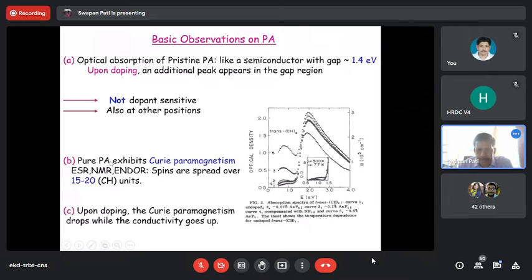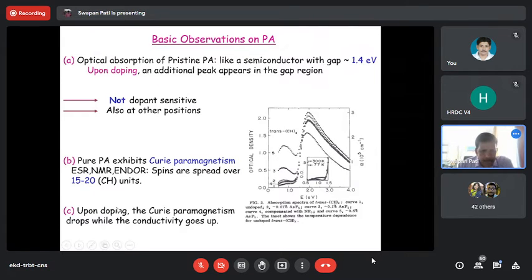Pure polyacetylene exhibits Curie paramagnetism, that is, inverse of temperature paramagnetism. They have done ESR, NMR, ENDOR, and they find that the spins are spread over 15 to 20 CH units. One spin half in 15 to 20 CH units.